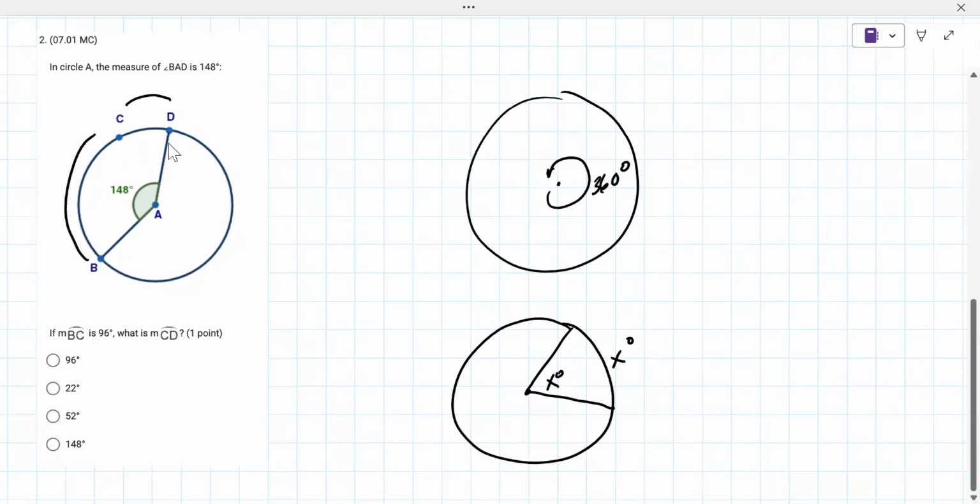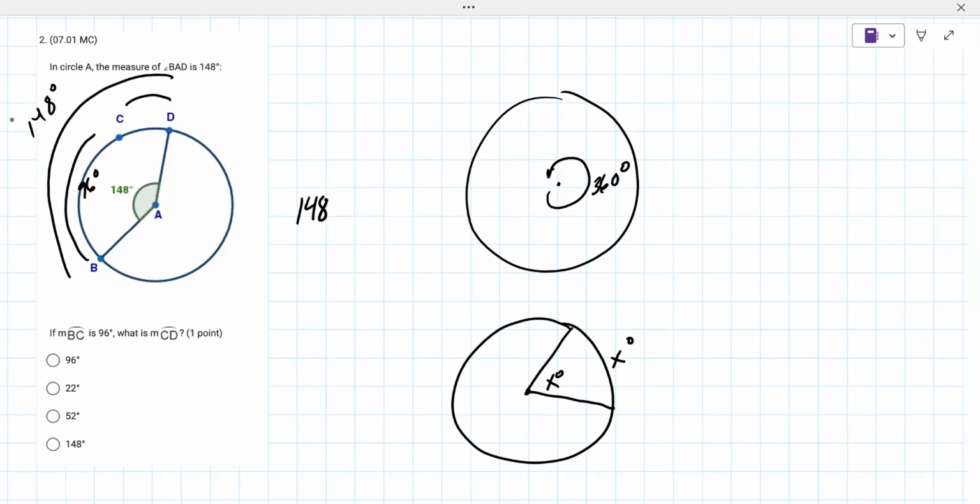In this problem, it says BAD is 148. So that means this whole thing here is 148 degrees. And they're telling you that B to C is 96 degrees. So what must C to D be? Well, it's 148 minus the 96.